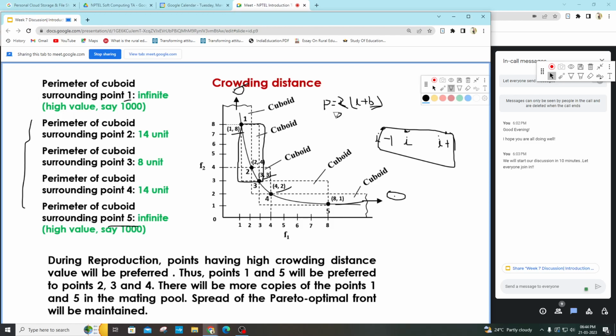So what is coming? Twice the length, which is 5, plus the breadth, which is 2. So twice (5 plus 2), that is 5 plus 2 is 7, and 2 into 7 is 14.